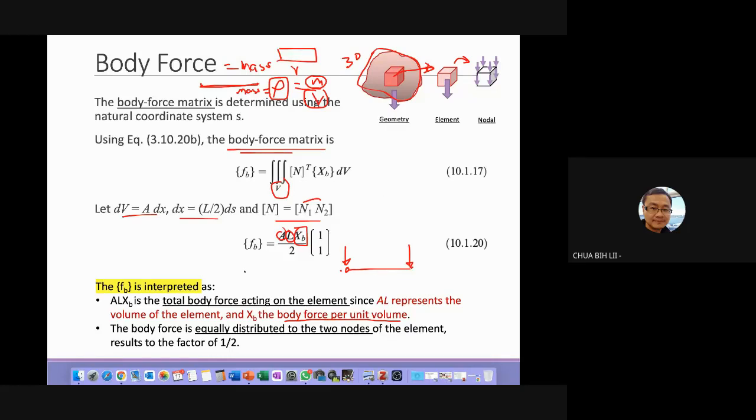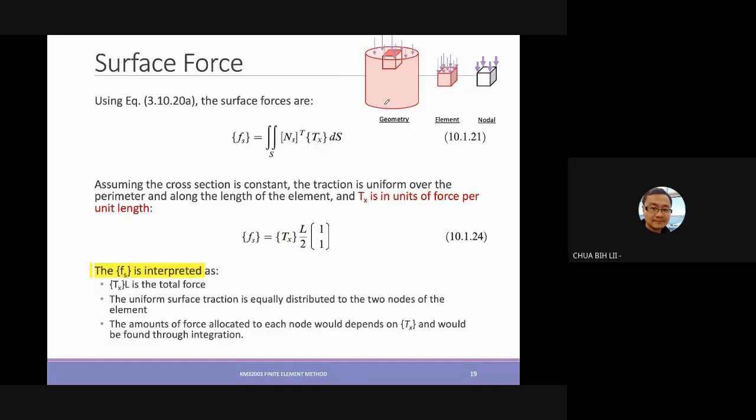So this is for a two-dimensional case. Later on you will see that the three-dimensional case has the same idea. Instead of two nodes, it will become 8 nodes, equally divided by the 8 nodes itself. Next would be the surface force.